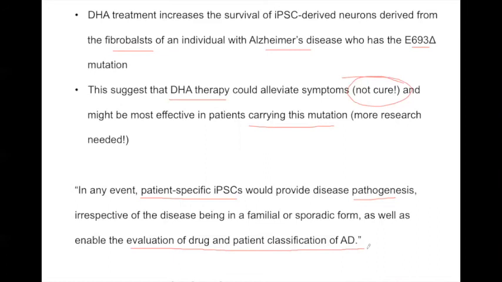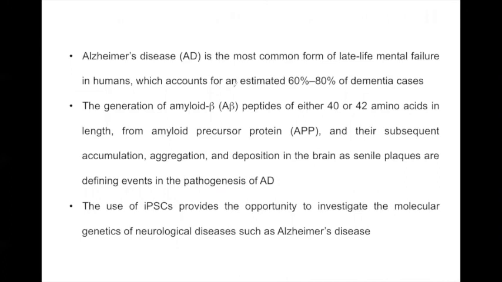So what they're saying is that for the first time, we have the ability to study the effect of specific genetic mutations, or perhaps a combination of risk alleles, in a culture of neurons derived from a patient who has Alzheimer's disease. So what we've seen then is Alzheimer's disease. It's the most common form of late life mental failure, accounting for an estimated 60 to 80% of dementia cases.